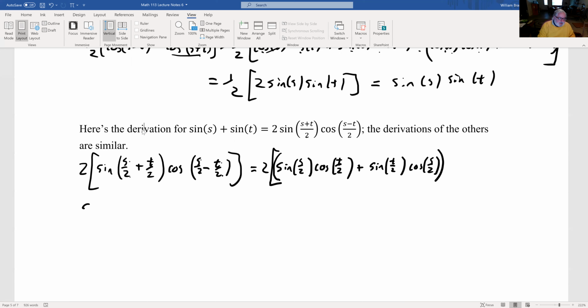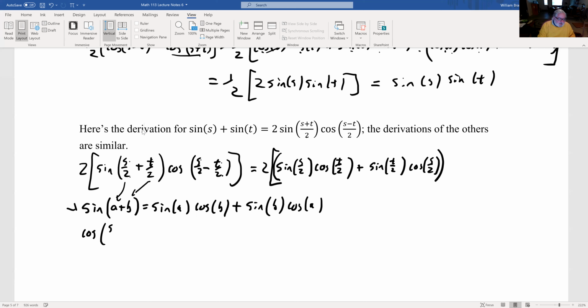Keep in mind that sine of two angles, we use S and T, we'll just call it A and B, is sine of A cosine of B plus sine of B cosine of A. So using this formula to expand that with A equals S over 2 and B equals T over 2, oh, sorry.